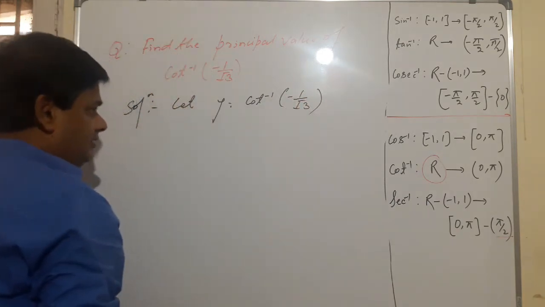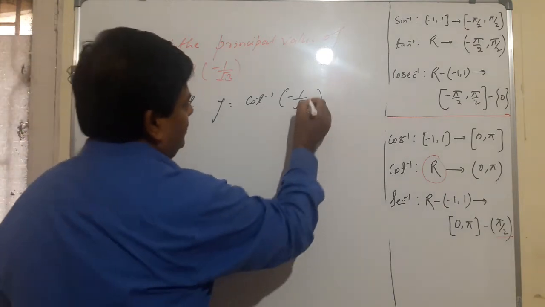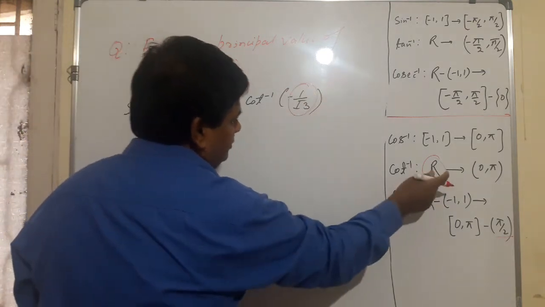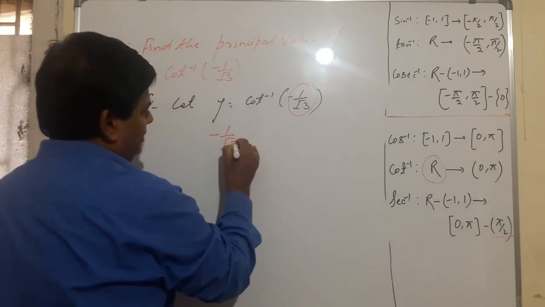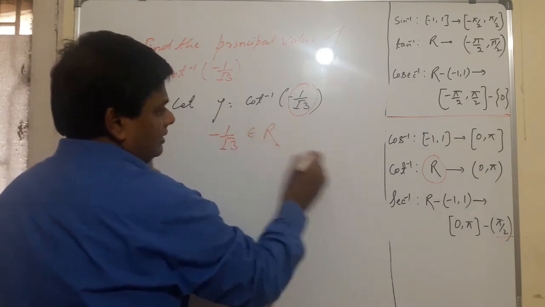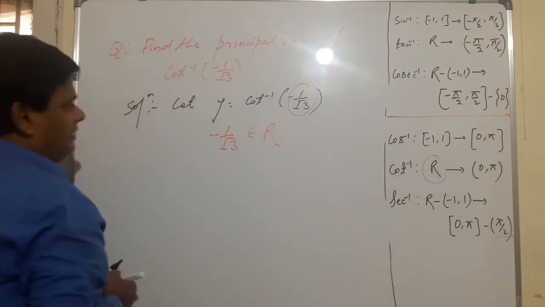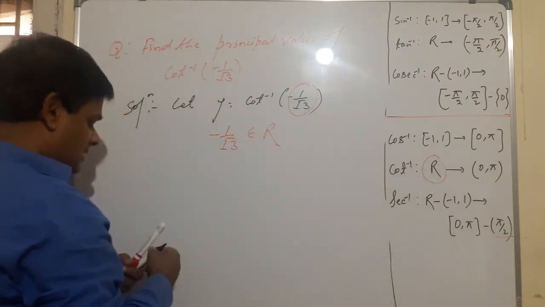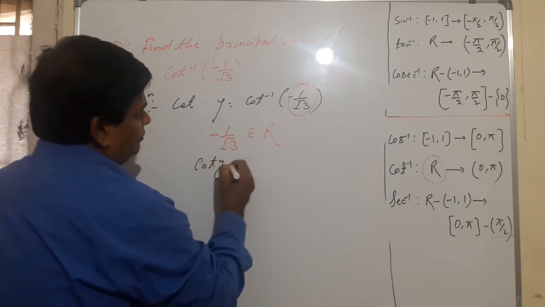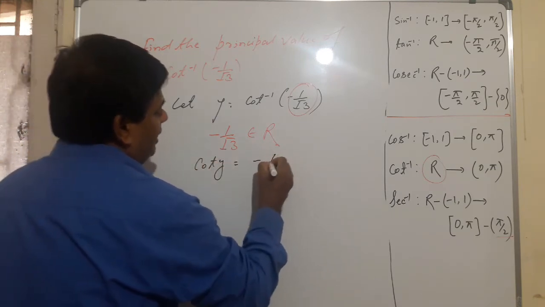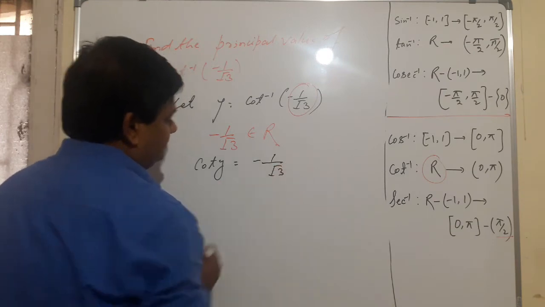Now minus 1 by root 3 belongs to R. So we can write cot y is equal to minus 1 by root 3.